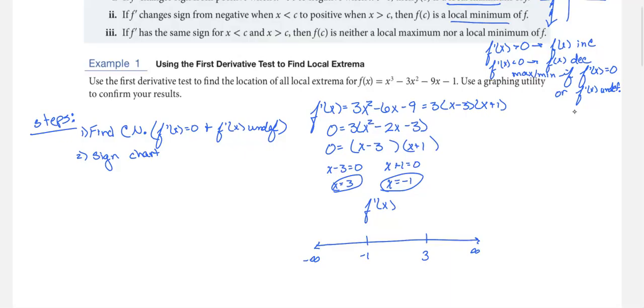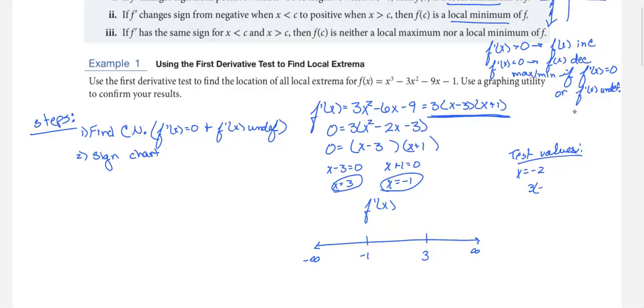And then we're going to test values. All I care about is: is this a positive or is this a negative? So I'm going to use that factored form to help me do that. I'm going to pick a number in this interval. Let's pick x is -2, and we're going to plug that into my derivative. It's going to be easier to plug it into the factored form of the derivative.